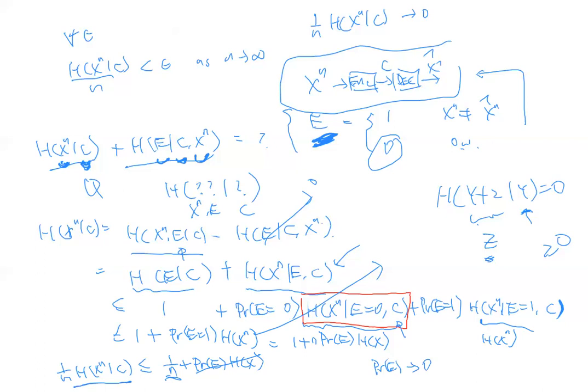Sorry, n bigger than 1 over epsilon. Anyway, this basically finishes the proof, and so concludes the converse proof of the source coding theorem.